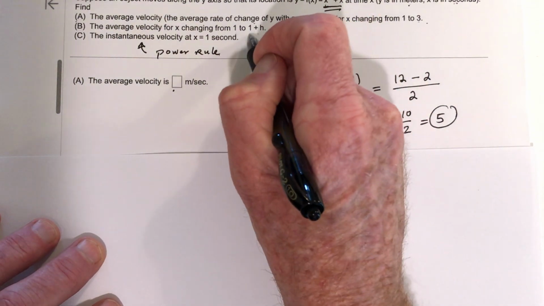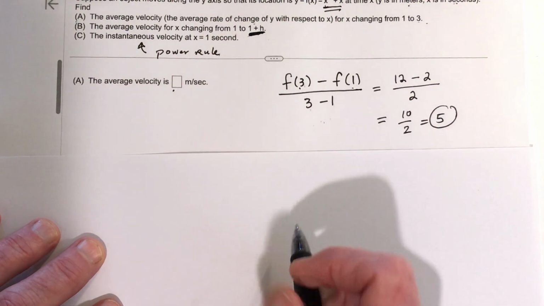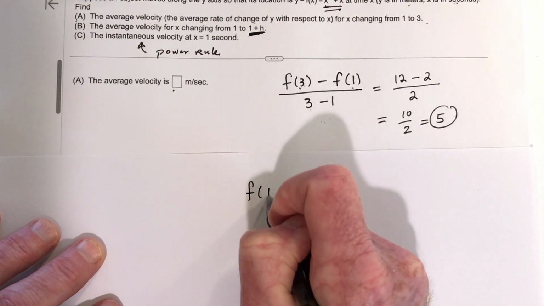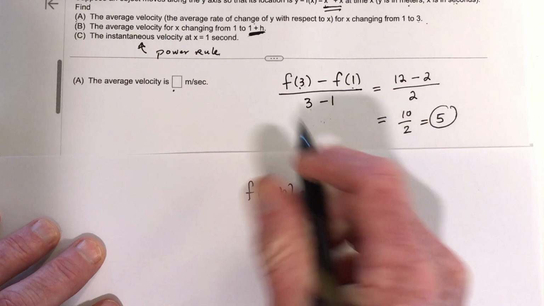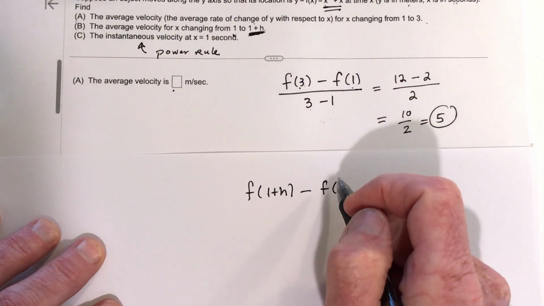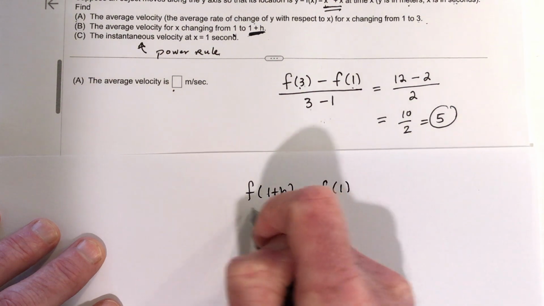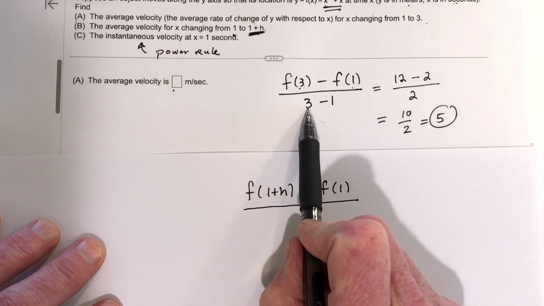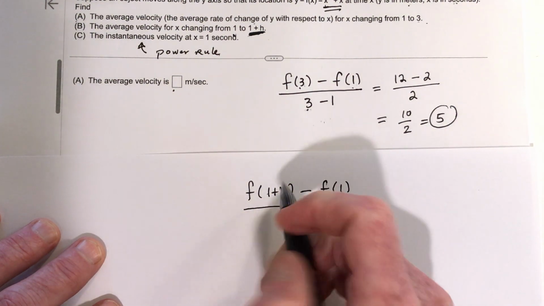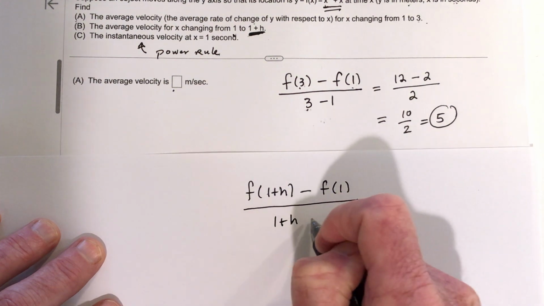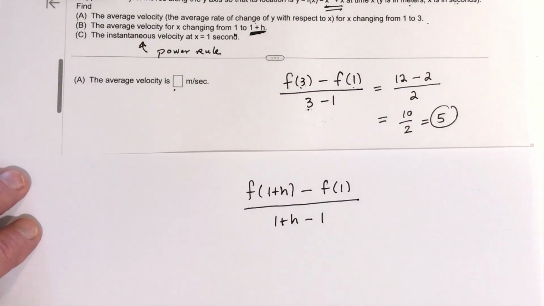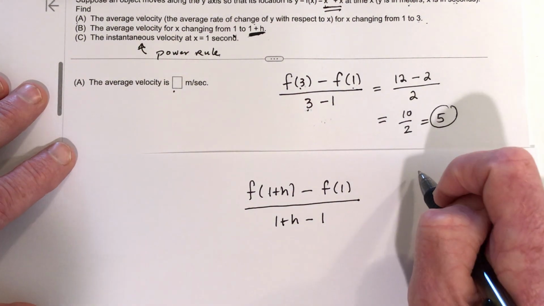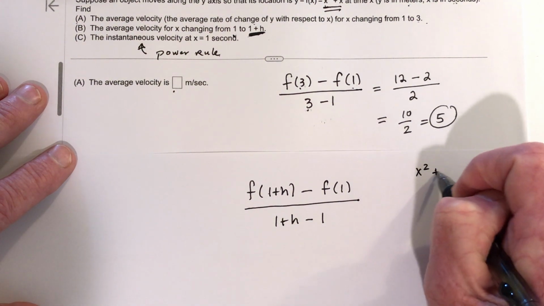So this is replacing the 3. So it's going to be f of 1 plus h minus f of the 1, and then divided by this becomes the 1 plus h, and then minus the 1. And again, we're using the function x squared plus x.